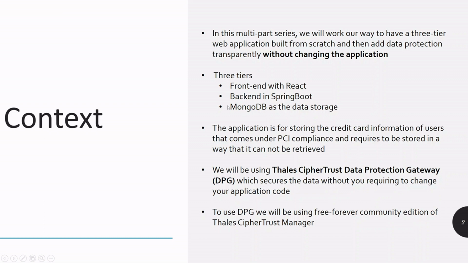So Thales CipherTrust Manager has a community edition where you can try out the APIs. You also get licenses for Data Protection Gateway, and you can use those free tools for securing the data in your own application.